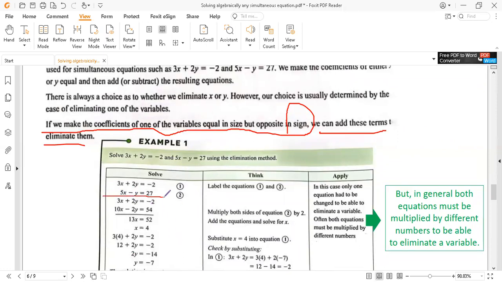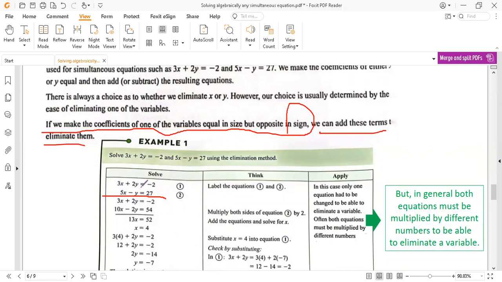For example, here in this one, we have 3x, 5x, 2y, minus 2, 27.